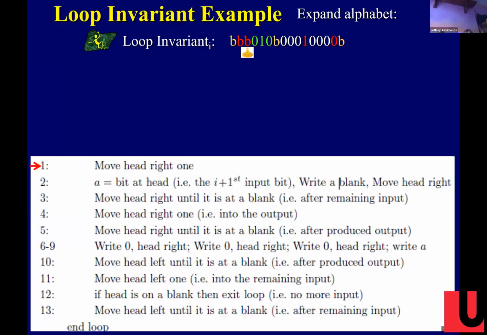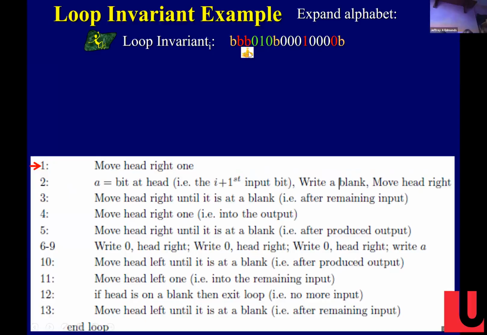So now we're going to write some code here. We're just following the picture. We know that the Turing machine head is on this blank. If it's not a blank, we can panic, but it is a blank.